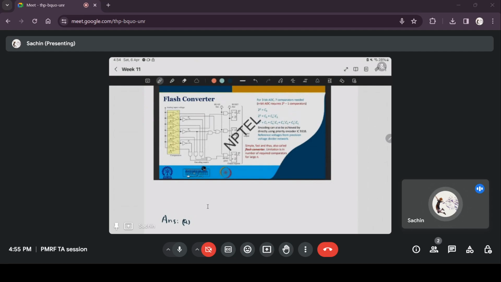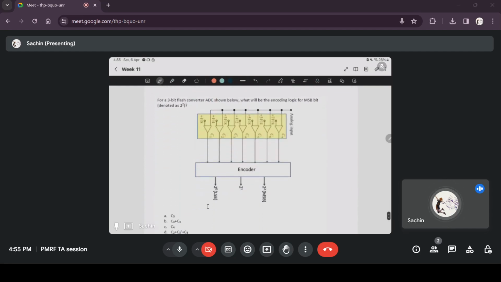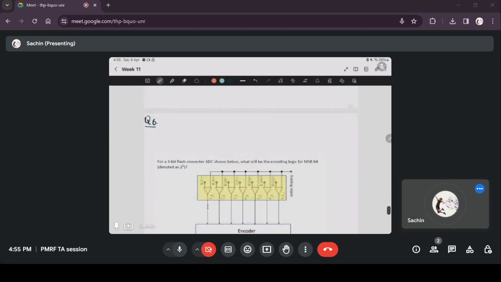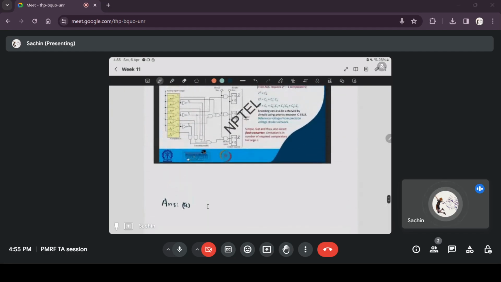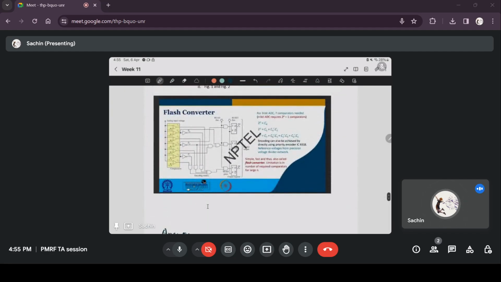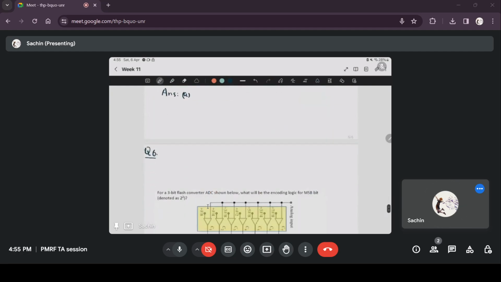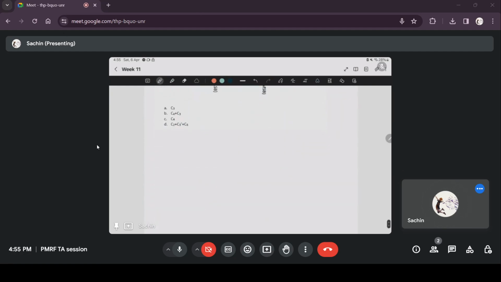So from that you can directly say that it is option C. But let's go ahead and look at how we got that. So we'll write a truth table to find the encoding logic.